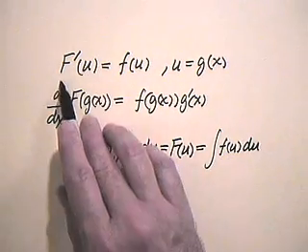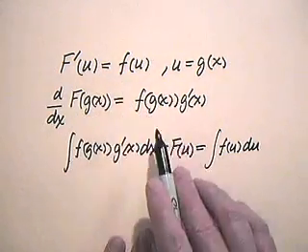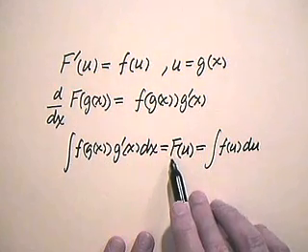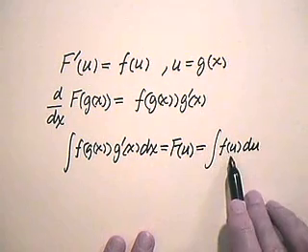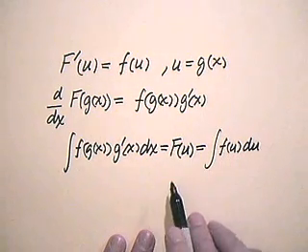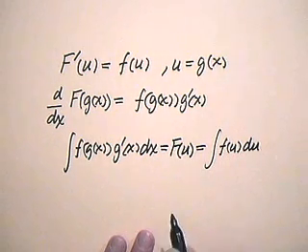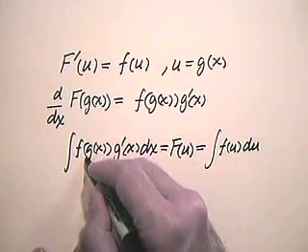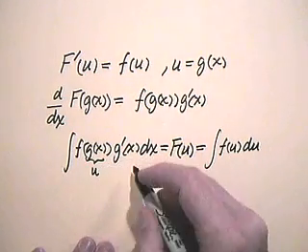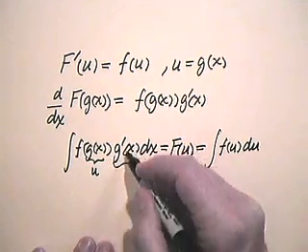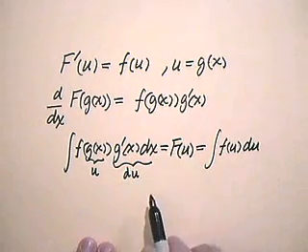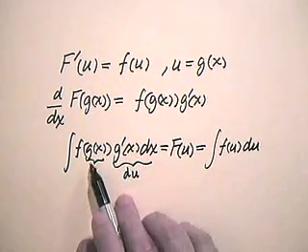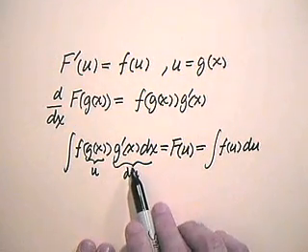Now, since capital F is an antiderivative of little f, we can write this capital F of u equals the indefinite integral of little f of u du. And this is what we call substitution. So right here, the g of x is the u, and we think of the g prime of x dx as being the du. So in effect, there's a sort of substitution going on here.